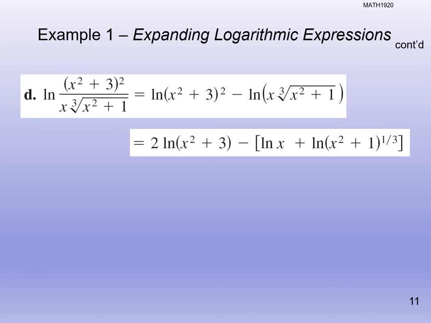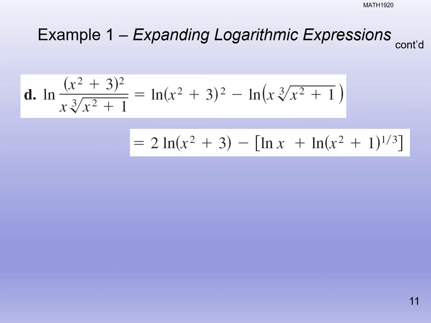So it becomes 2 natural log of x squared plus 3 minus, now we have that product rule, but that negative or that minus sign is going to impact each part once we do the product rule. Okay, so we have to rewrite that product as natural log of x plus natural log of x squared plus 1 to the 1/3.